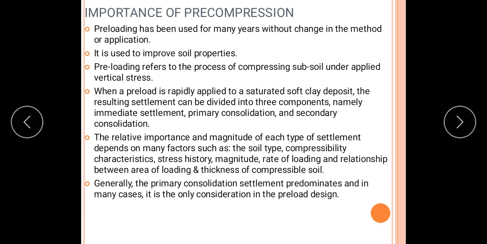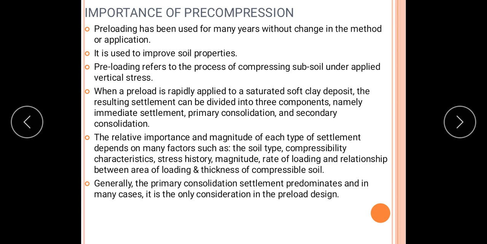The relative importance and magnitude of each type of settlement depends on many factors such as soil type, compressibility characteristics, stress history, magnitude, rate of loading, and the relationship between area of loading and thickness of compressible soil. All these things we have studied in the consolidation chapter.